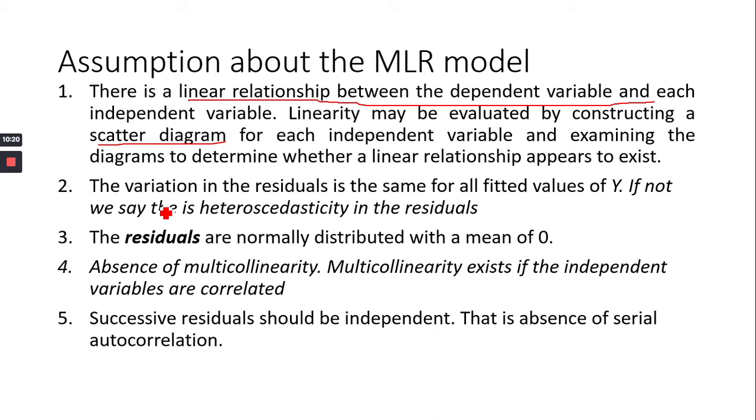If you see a cup-shaped curve, then you still go on to fit a multiple linear regression, surely something should be wrong, because the assumption of linearity will be seriously violated.